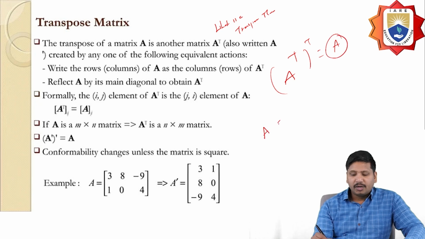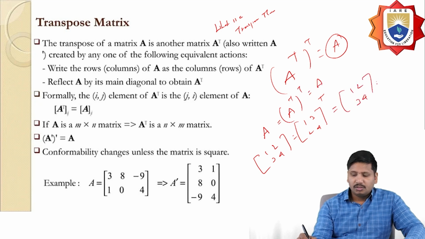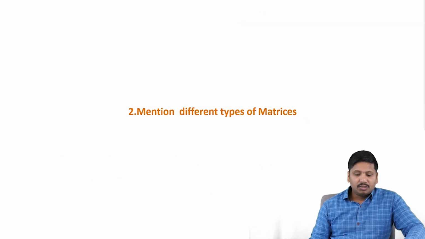So if A is the matrix, A transpose is its transpose. Suppose I have 1, 2, 3, 4 and take its transpose, and if I again apply the transpose, I get the same value, which is equal to A. Like this, we can sum up the laws also.